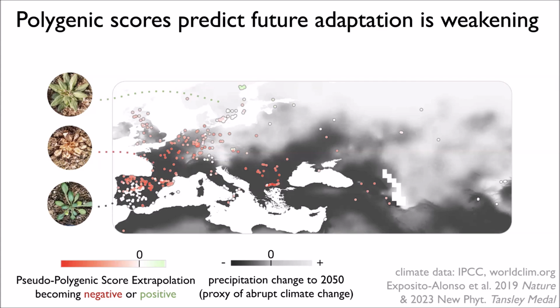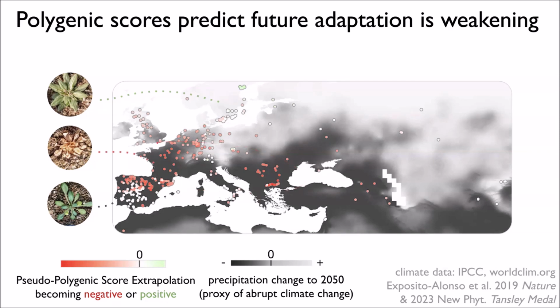We can get into the nitty-gritty of the details later. We are improving this, but in 2019, we made this projection, calibrating GWAS in Spain and Germany and trying to project what must be the loci that are adaptive in different environments, doing an interpolation, and then asking, do those plants have the right loci, or do they have the, quote unquote, bad loci, just like we had done in the previous polygenics course.